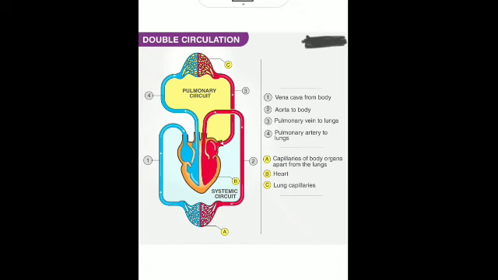Now, because blood circulates twice through the heart to complete one round of circulation through the body, blood circulation in humans is called the double circulation. Is it clear? It involves the pulmonary circuit or pulmonary circulation and the systemic circulation.